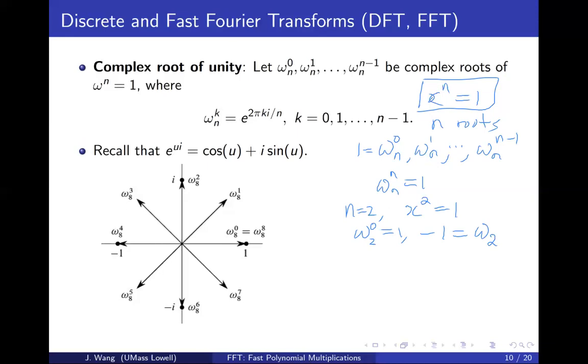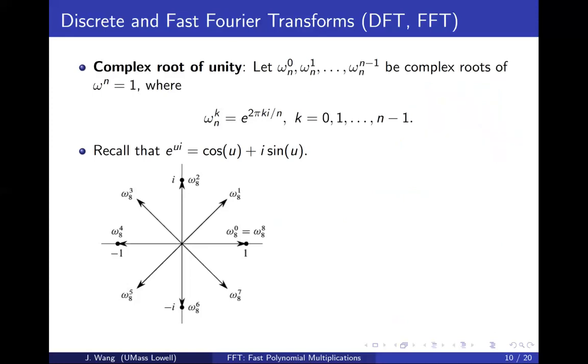Basically this just means that all these roots divide a unit circle into n equal parts, evenly. For drawing purposes, when n is an even number it is much easier to draw. So in this particular case, we take n equal to 8. That is a unit circle.